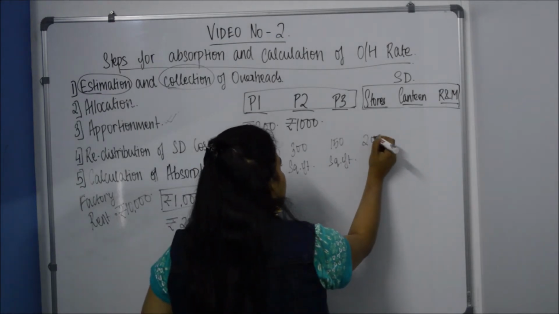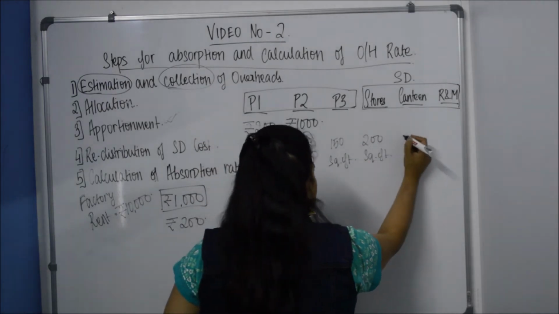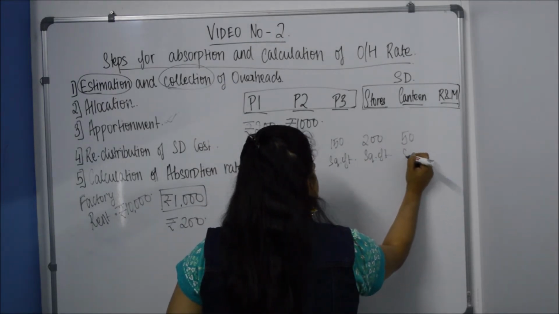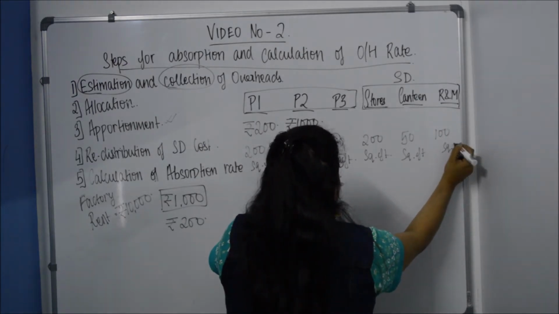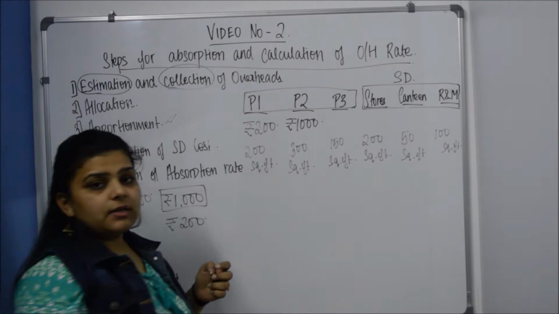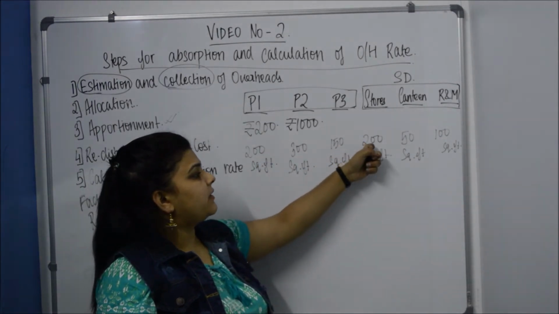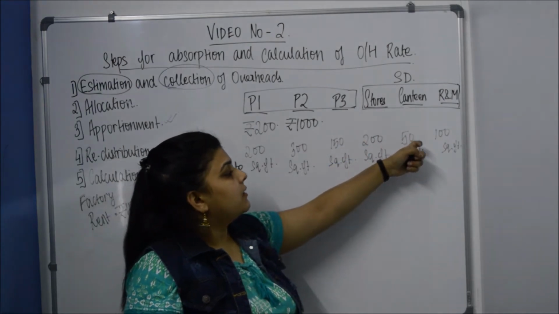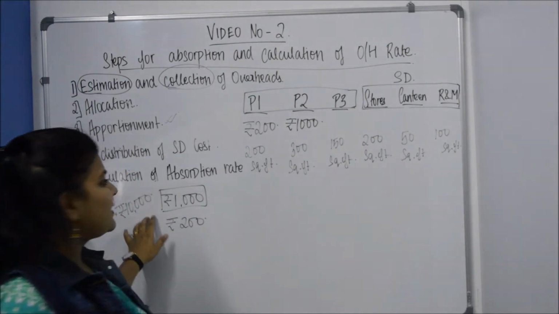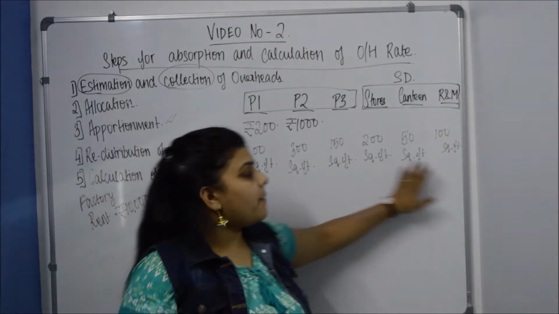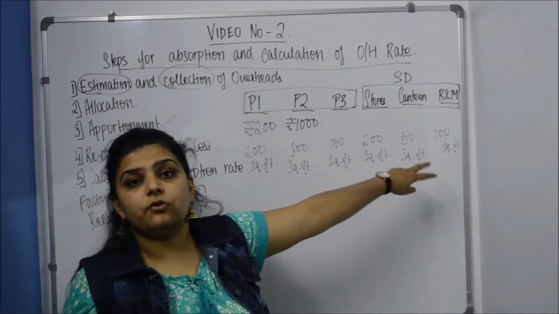Stores is having 200 square feet. This is having 50 square feet. And this has 100 square feet. So total, what is the area of the factory? 200 plus 300, 500, 600, 700, 800, 850, 900 and 1000 square feet. So the cost of this 10,000 will be divided among all the departments on the basis of this floor space.